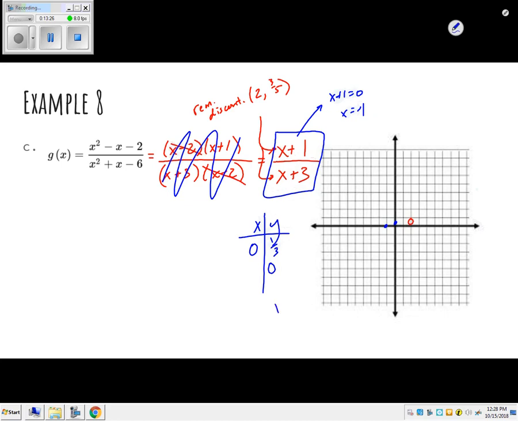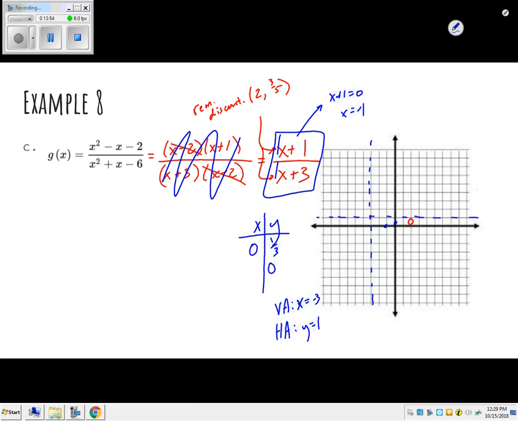Looks like I'm going to have a VA. Let's see, there's going to be a VA at x equals -3. So I'm over here, 1, 2, 3, and an imaginary dotted line going down. My HA on this one, there is a tie. So again, I'm going to go with a ratio of leading coefficients, 1/1. So that would just be 1.